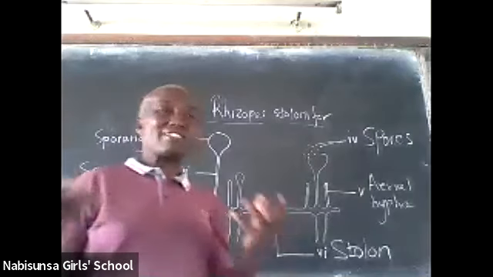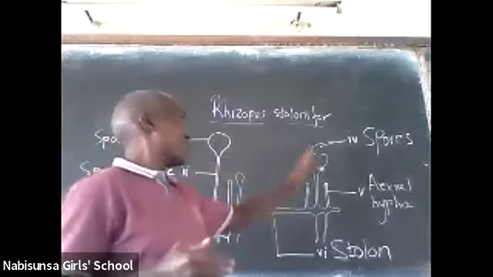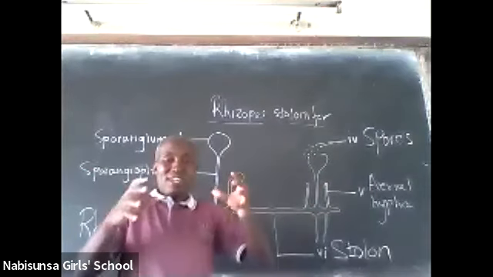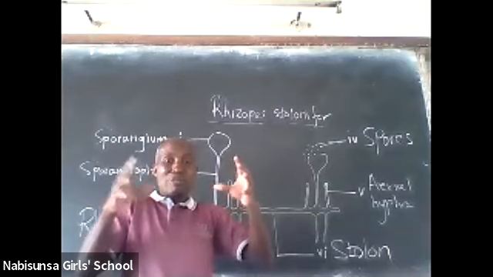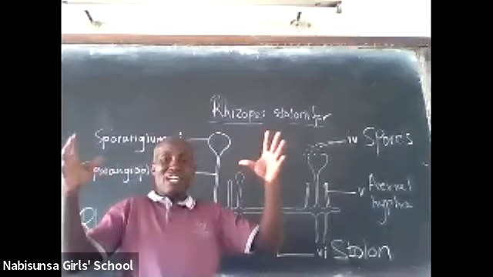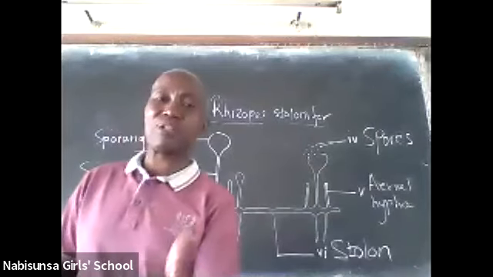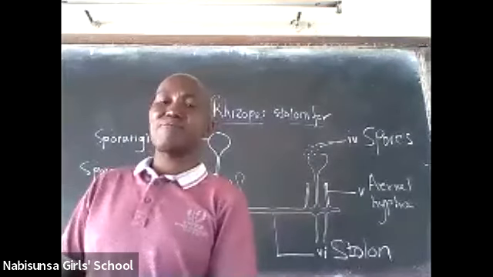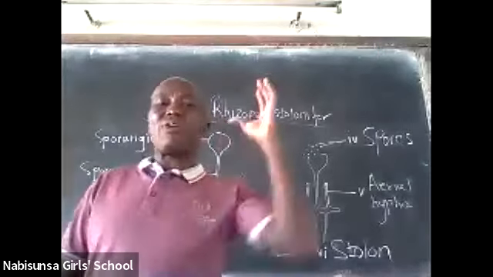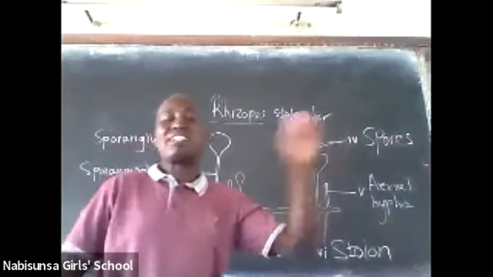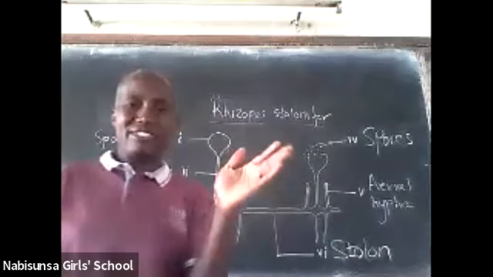As this organism here produces spores, you see the sporangium growing bigger and bigger. So a sporangium is a spore case. It simply contains the spores. Now, once the sporangium dries, it breaks.